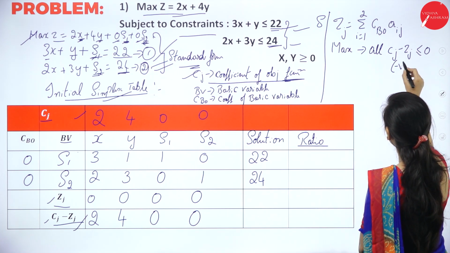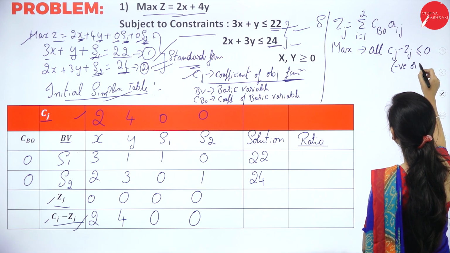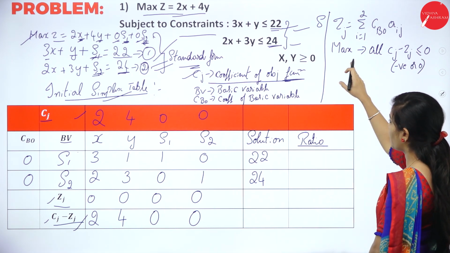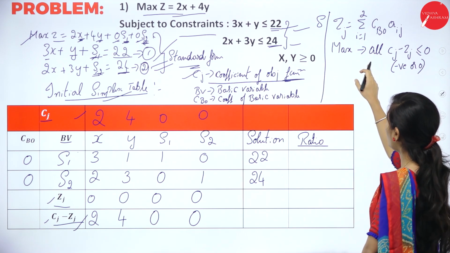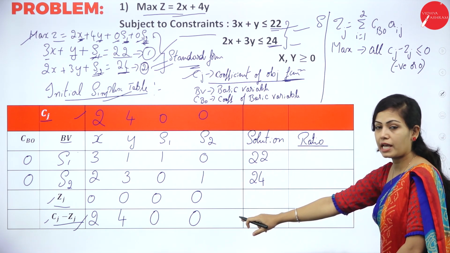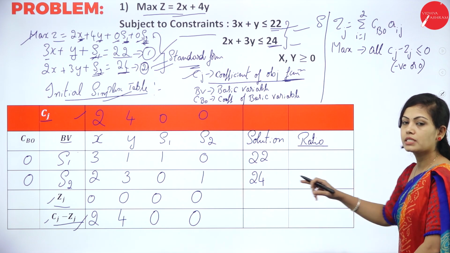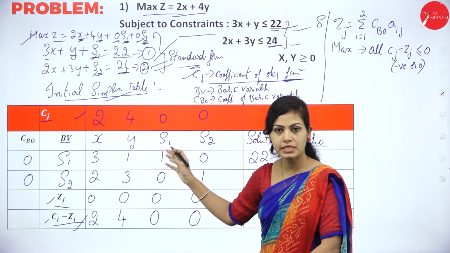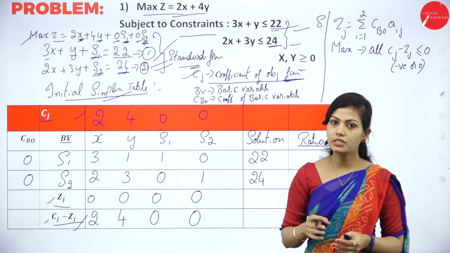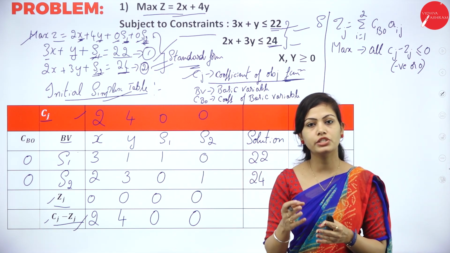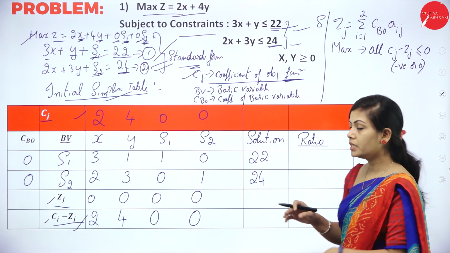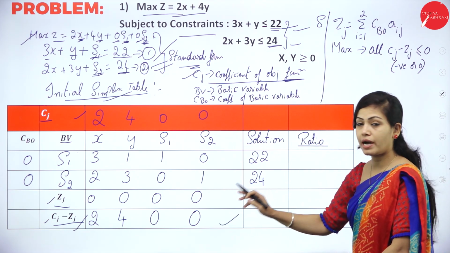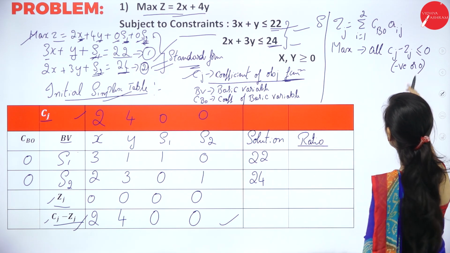All the values should be negative or it should be 0. Keep in mind, for maximization problem, all Cj minus Zj values should be negative or 0. Till that you need to continue the iterations. So, after this initial simplex table, in first iteration, second iteration and third iteration, you will get the final answer. But for maximization problem, all the Cj minus Zj values should be negative or 0.